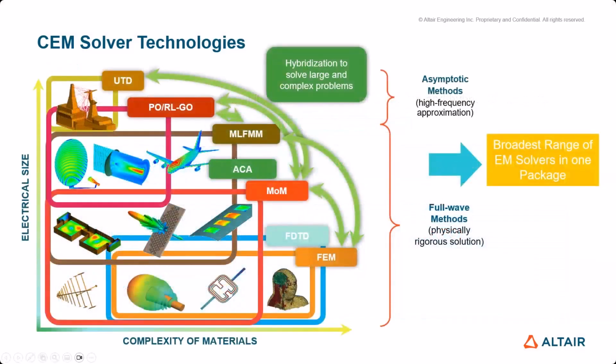One thing to keep in mind when working with electromagnetic software is that no single numerical method can address all applications, which is why Feko offers multiple solution methods. When we are selecting a solver for our problem, there are two aspects that one should consider. First is the electrical size of your structure.